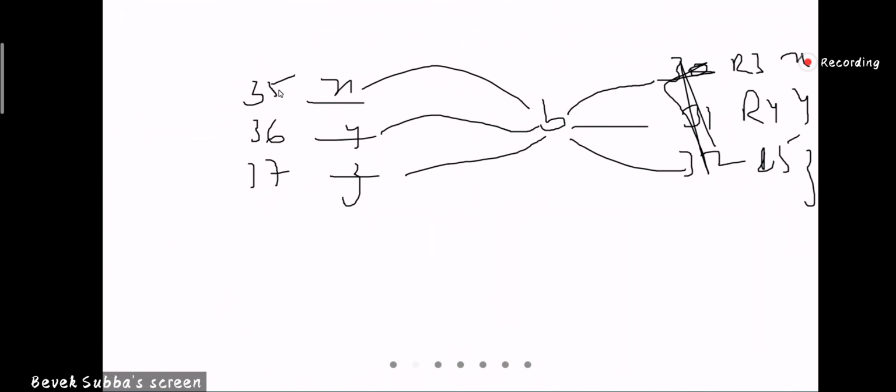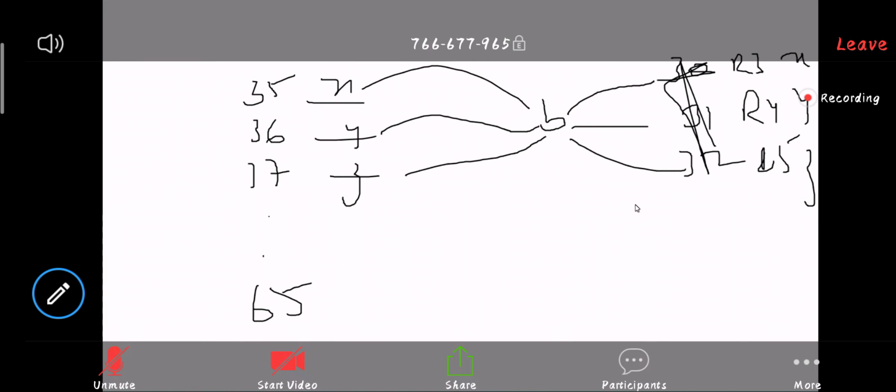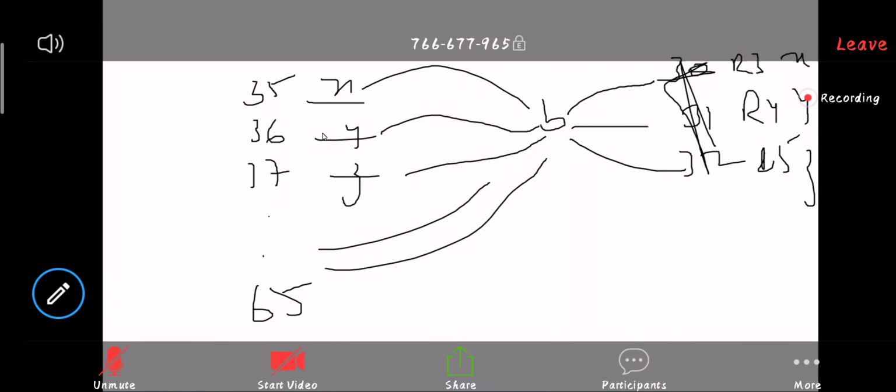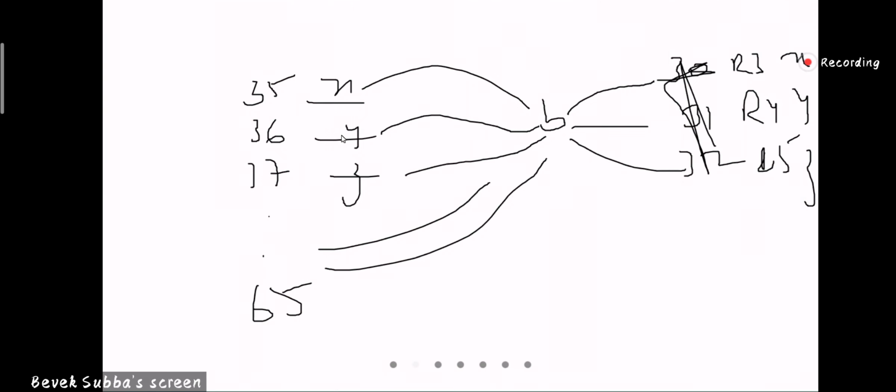And what if the value is very high, for example from 35 to 65 and you continue? How many times do you have to move the value? 35 to 65, so 30 times. During that time, you require a technique called the looping technique.